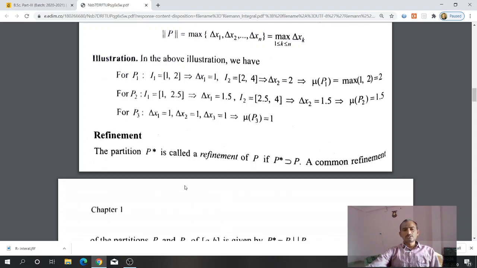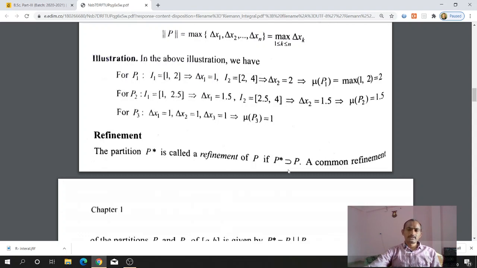A refinement of the partition P is a set which is bigger than P, or which contains P. So the partition P star is called a refinement of P if P star contains P. It means that all the elements of P must be in P star, and at least one element more than P. Then this P star is called a refinement of P.